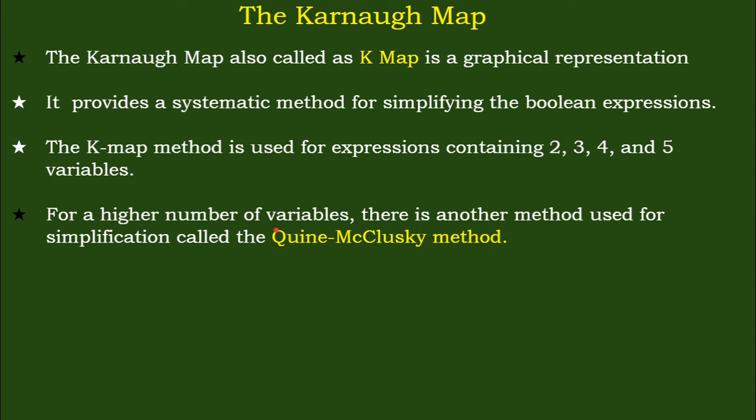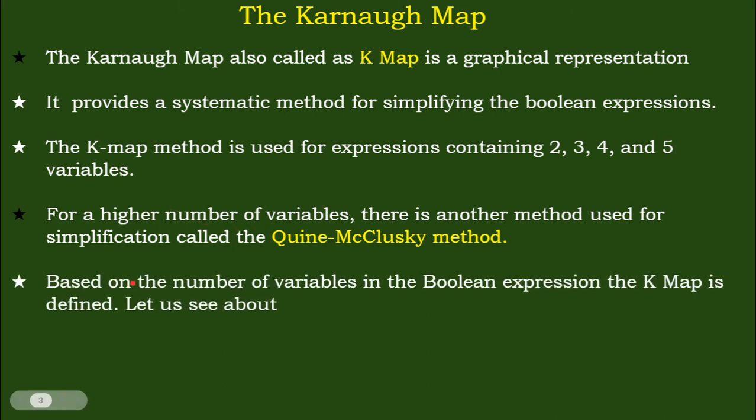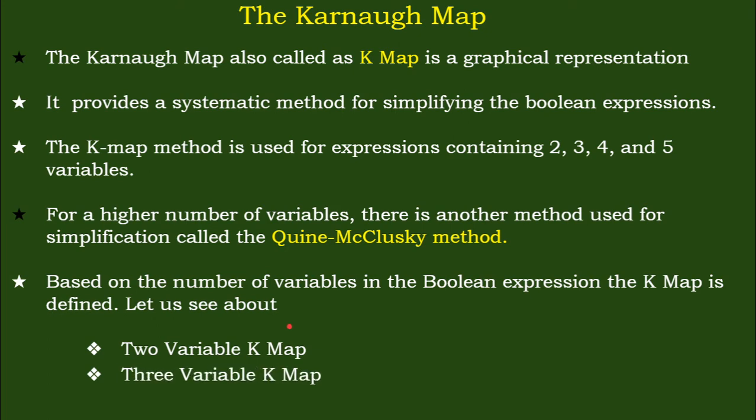This method helps to solve the simplification of Boolean expressions when there is a high number of variables. Based on the number of variables in the Boolean expression, the K-map is defined. In this video we will see the 2 variable K-map, 3 variable K-map and the 4 variable K-map. Let us see first how the map looks like.